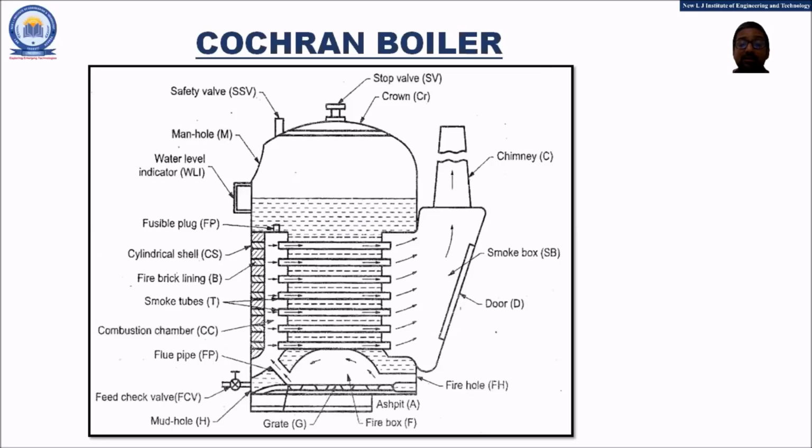Supplying atmospheric air and the ignition medium, the combustion of the fuel will start and the hot gases will be generated. These hot gases from the furnace, through the flue pipe, will enter into the different fire tubes.